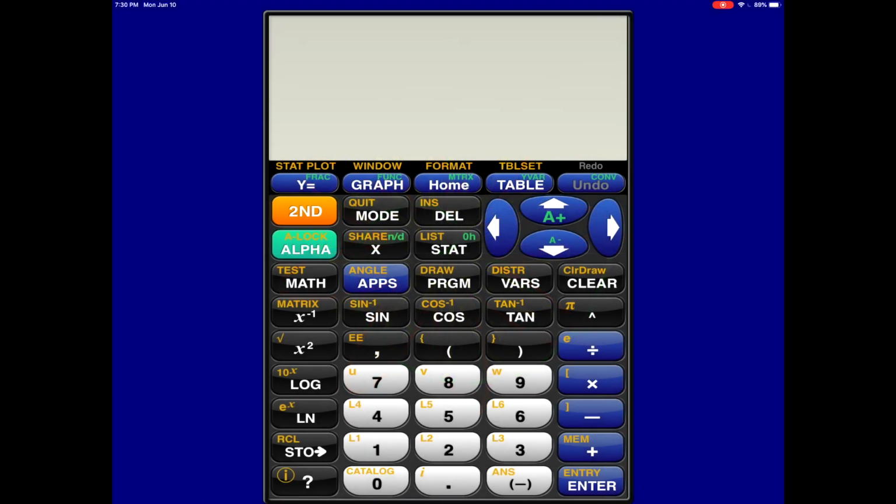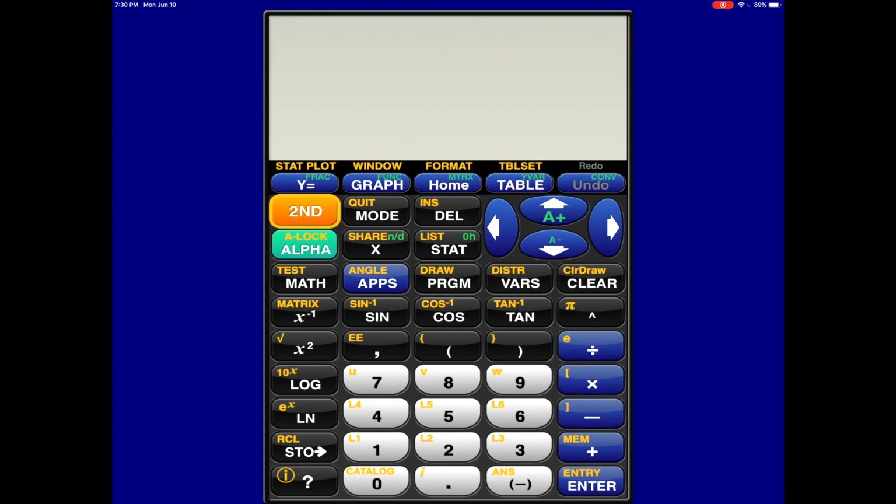It has, for the most part, the same setup. It has drop-down menus as opposed to scrolling down when you use the actual calculator, but it's pretty good. So to find the reduced row echelon form of a matrix, this is what we do. We need to go into matrix.